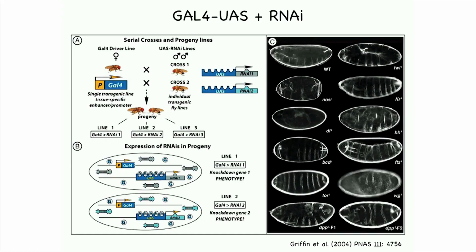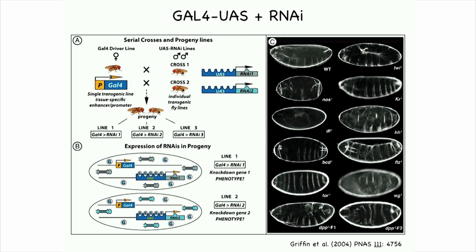This is an example where that same approach has been used to turn on interfering RNAs, these short hairpin RNAs. So you can put the UAS in front of these RNAi expression constructs, and then just turn on RNA interference in a tissue and timing specific fashion. And this gallery, this is from a review.